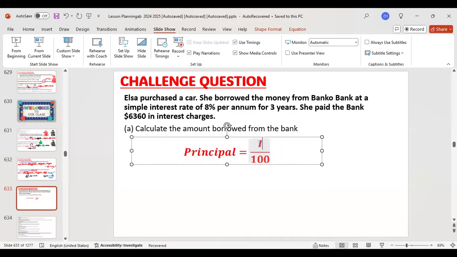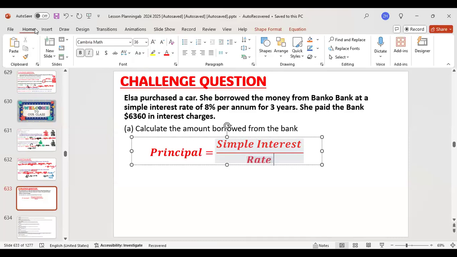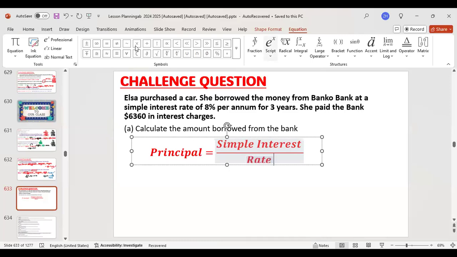26,500. 26,500, very good. So the principal is going to be equal to the simple interest. Write this down. This is a new formula, and we're going to be using this tomorrow. The principal is equal to the simple interest divided by the interest rate, and I mean the interest rate as a decimal, multiplied by the years, or the time.